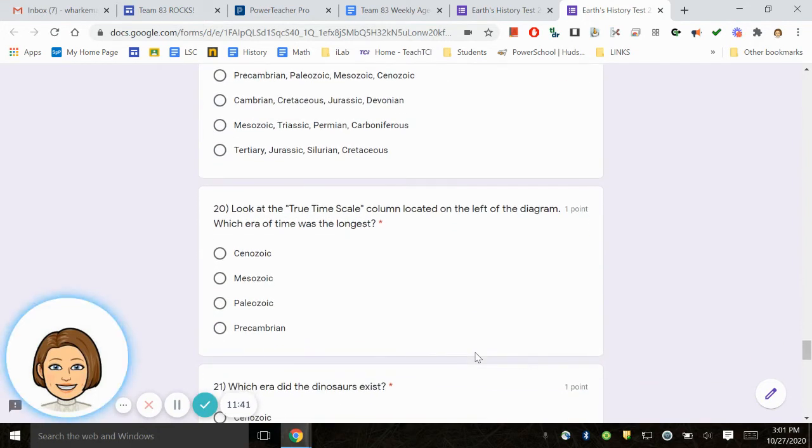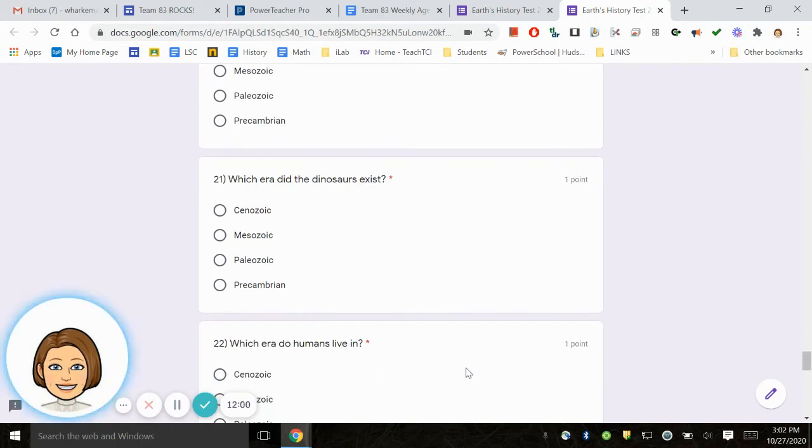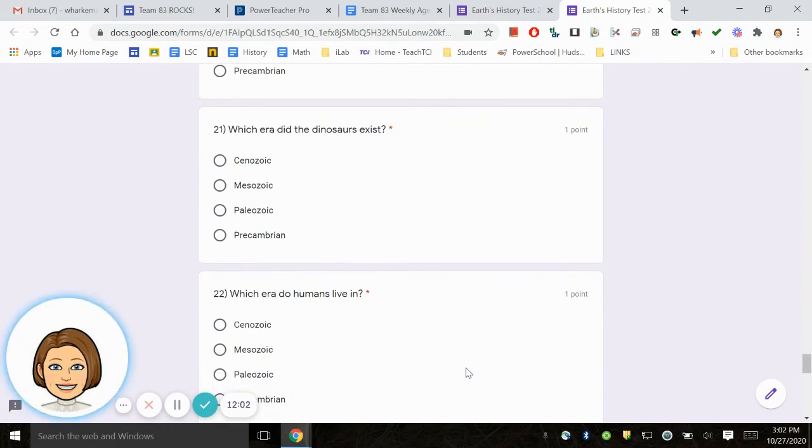Number 20, look at the true timescale column located on the left of the diagram. Which era of time was the longest? Cenozoic, Mesozoic, Paleozoic, Precambrian. Number 21, which era did the dinosaurs exist?